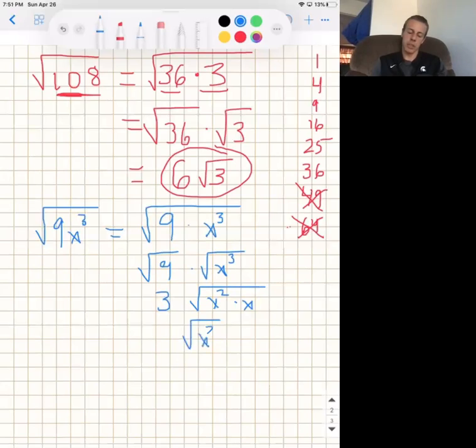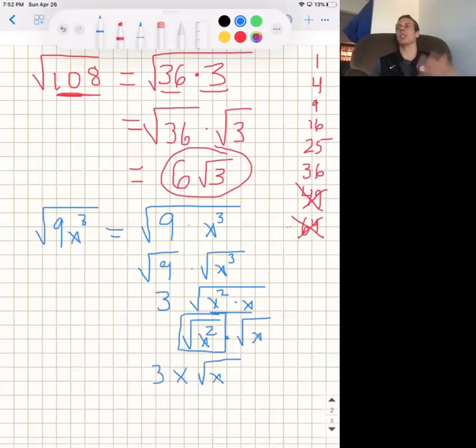Since this is a multiplication statement, we can split it up as the square root of x squared times the square root of x. Well, our 3 comes along for the ride. The square root of x squared right here, well, that's just x. And then we're left with the square root of x on the end, because there's nothing we can do to simplify the square root of x.